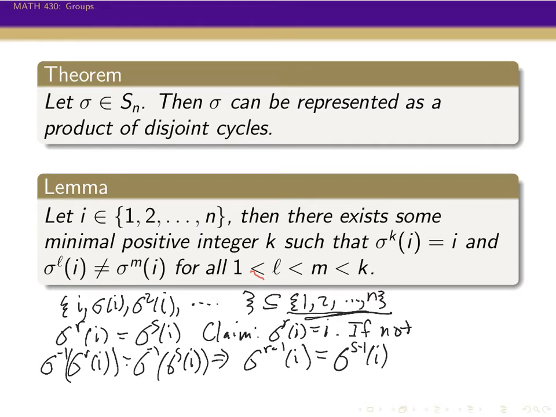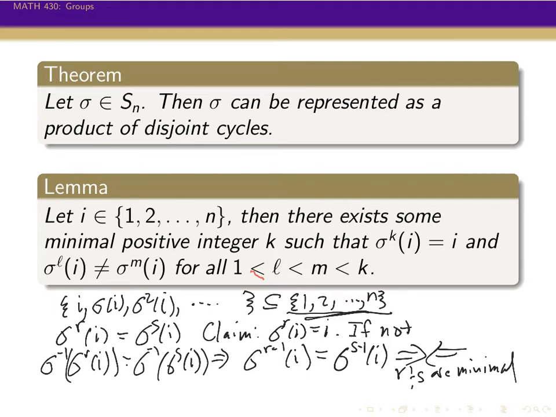And so we've found a smaller occurrence where the two are equal, right? And so sigma r of I was not the first case in which they were the same. It actually happened at least once before. And so this gives us a contradiction with r and s being minimal.